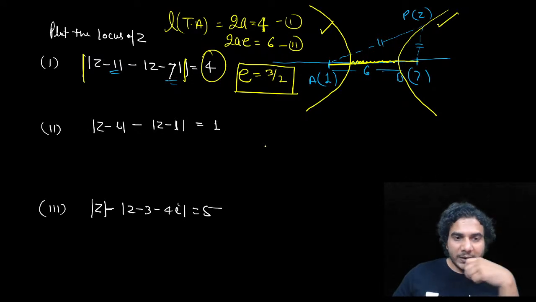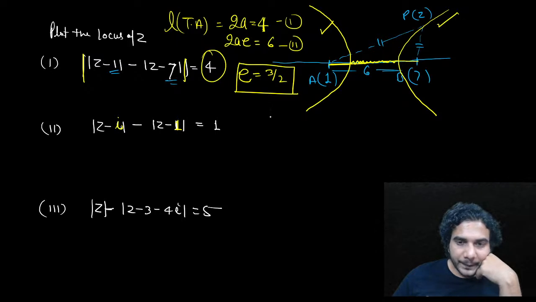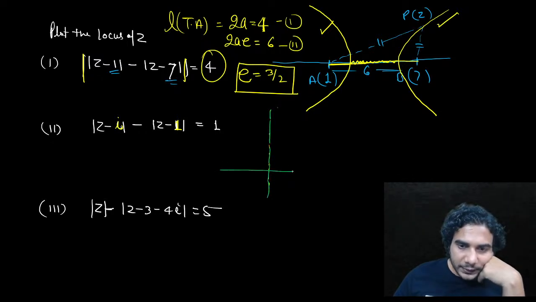Now let's plot the second one. This is 1, this is iota. So if I plot it properly with axes, this is your y-axis, this is your x-axis, this is your iota, this is your 1, all right.